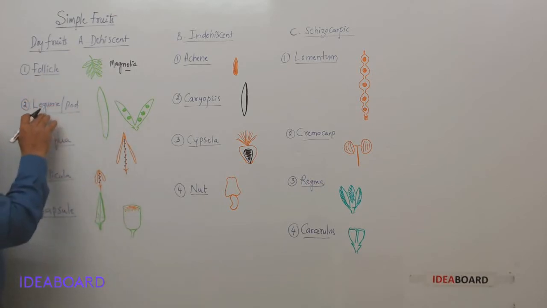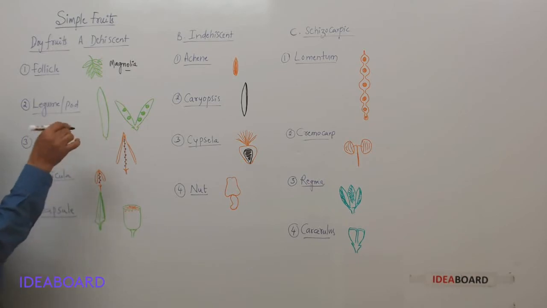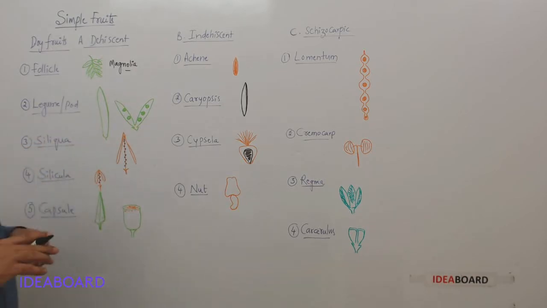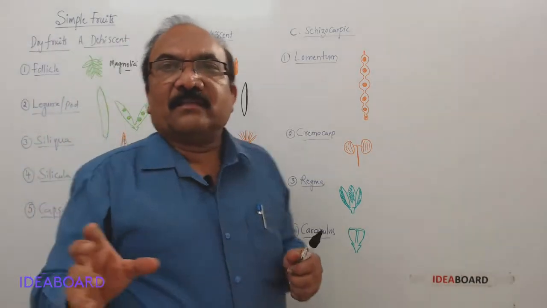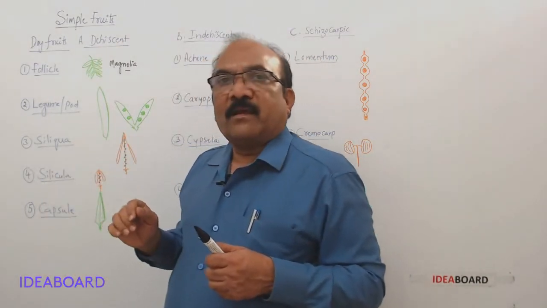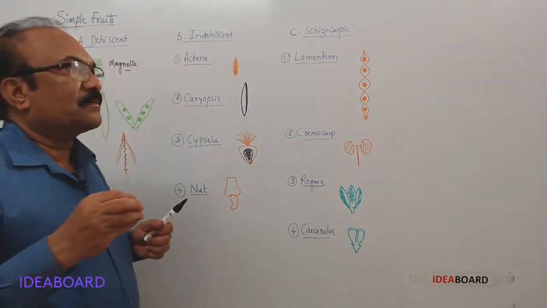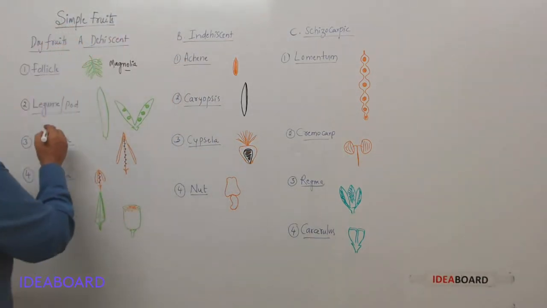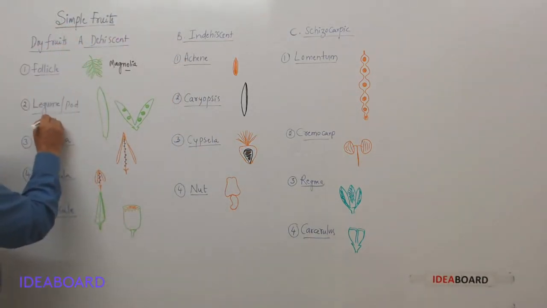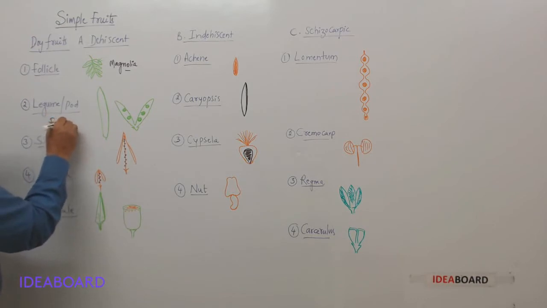But the whole cluster develops from a single flower due to the presence of apocarpous gynoecium. And now when we come to the second one, legume, which is a characteristic fruit of the Leguminosae family. Actually, that family Leguminosae is named after this fruit legume. And of course, we have the Fabaceae family, so Fabaceae is the example.